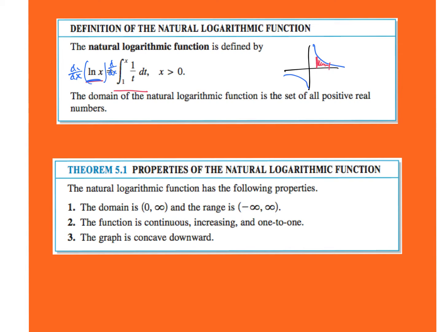I'd take a derivative of that integral, so I'd end up with what? It's not a trick question, guys. What would be the derivative of that integral? 1 over x. All right, I just substitute in x, but then the derivative of x is just 1, so it just goes away. So by the second fundamental theorem, I've kind of proven the derivative of natural log x is equal to 1 over x.